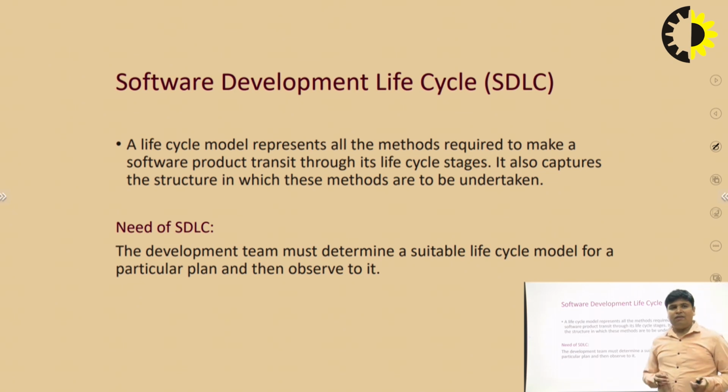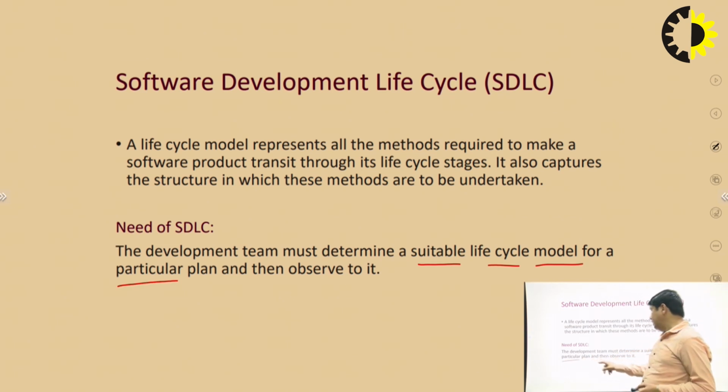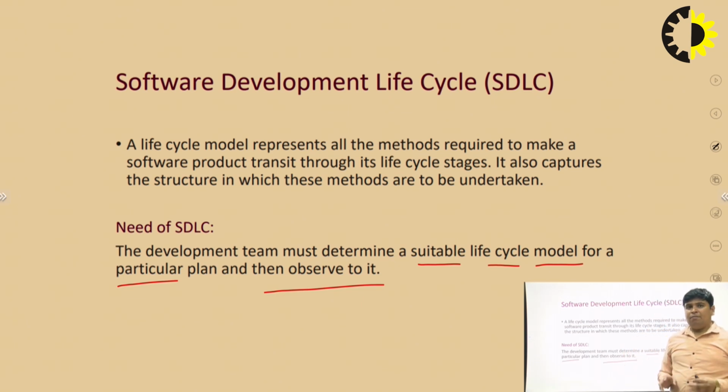So, what is the need of SDLC? Basically, the software development team must determine a suitable life cycle method for a particular plan and then observe it. It means this is the responsibility of the entire development team to select what your technical specification is, what the risk behind the project is, and such types of risks will be evaluated, what kind of problem will arise during maintenance and during testing.